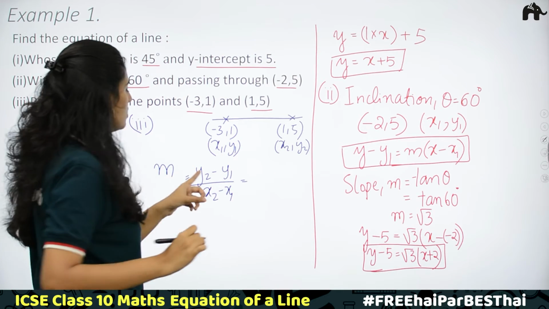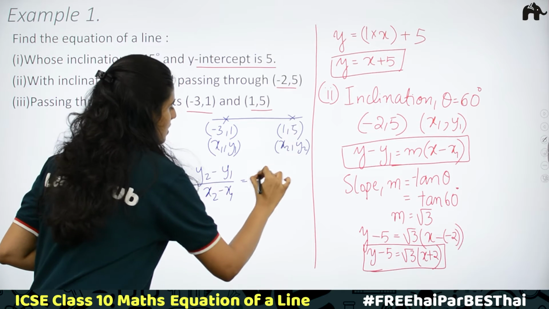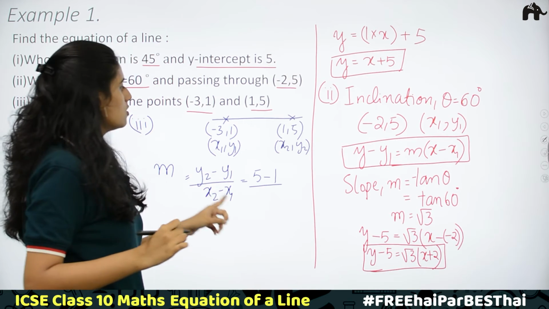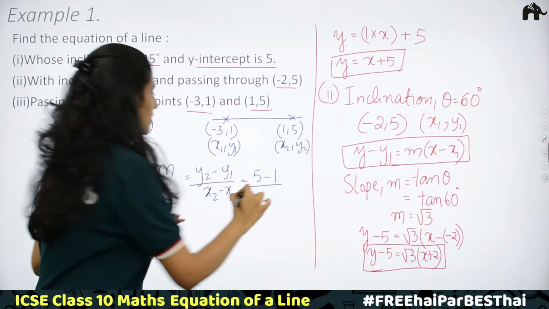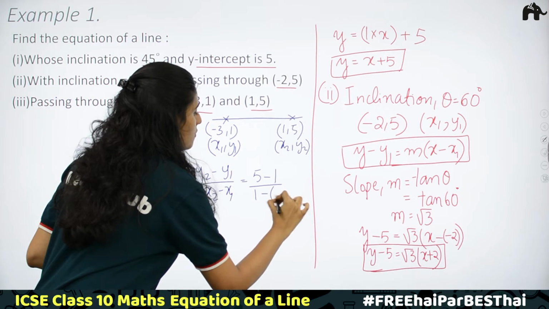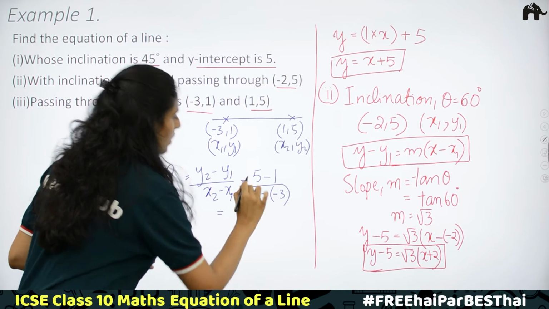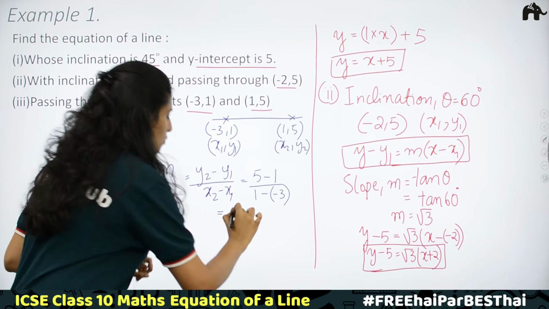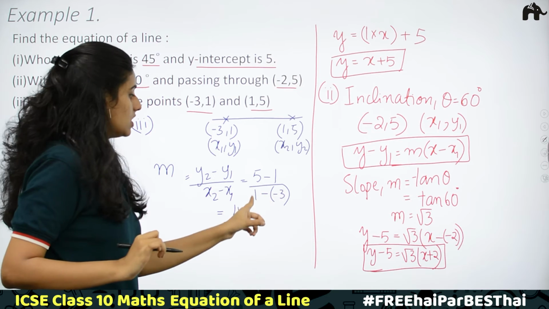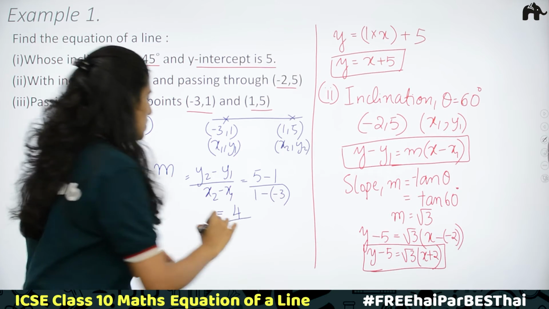Substituting the values, what is y2? Here y2 is 5 minus y1 is 1 divided by x2 minus x1. x2 is 1 and x1 is minus 3. Minus of minus 3. That is equal to 5 minus 1, 4 divided by 1 minus of minus 3, which is 1 plus 3. 1 plus 3 is 4.